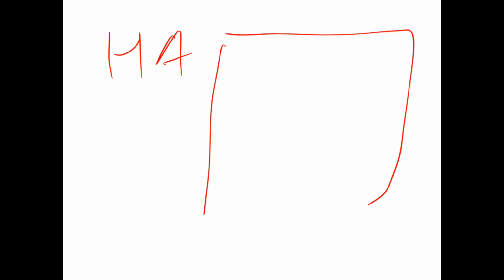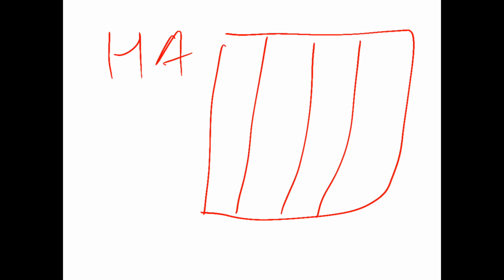So let us use the half adder firstly. You can see here, half adder means two inputs. First one is A, the second one is B. We will have sum as output and the carry.